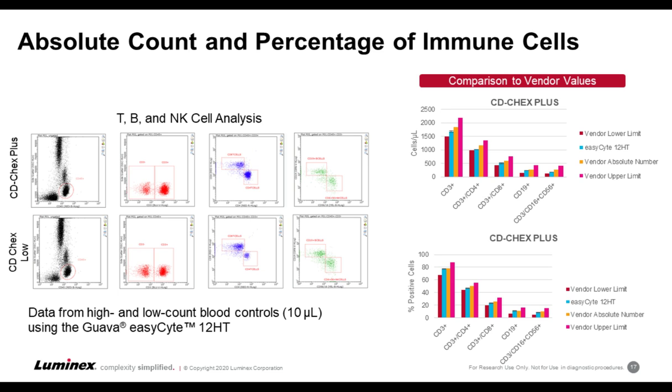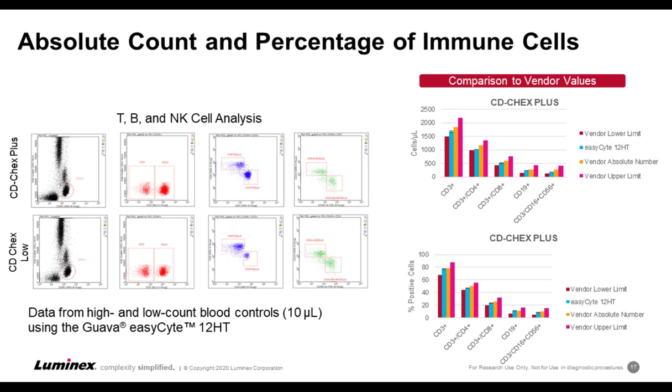Results for the absolute count and percentages of lymphocyte outputs are compared to the vendor-provided limits for the sample on the right. On the plots shown on the right, the upper panel is providing the absolute count comparison, and the lower panel providing the percent-positive cell comparison.